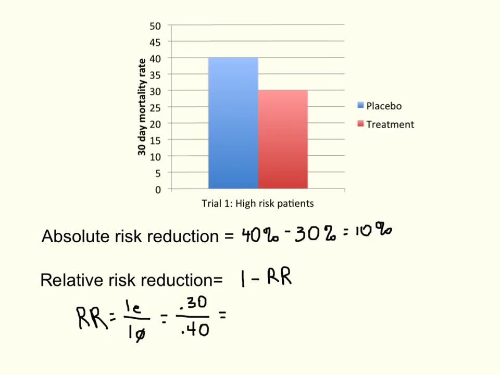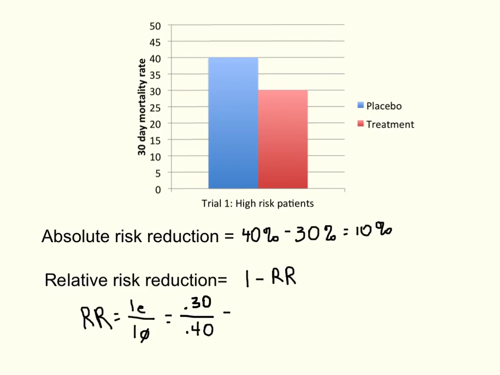And so that equals 0.75. So then relative risk reduction would equal 1 minus 0.75, which equals 0.25 or 25%.